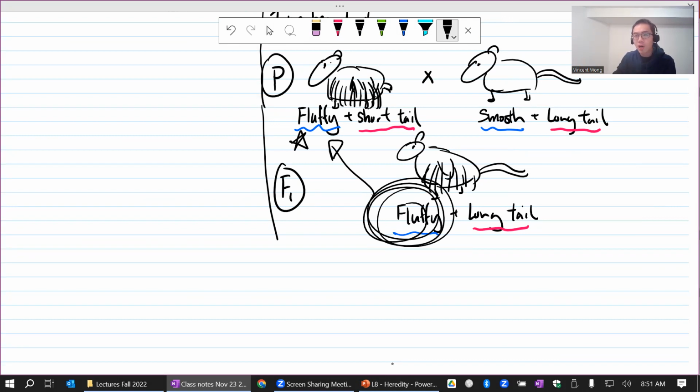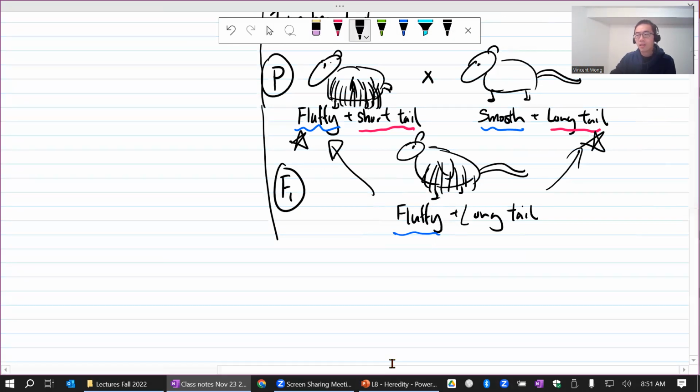Is short tail dominant or long tail dominant? Long tail is dominant because the F1 is long tail, right? So if you don't know which trait is dominant, you just breed the parents and then you look at the kids. The kids will always show the dominant trait if the parents are pure in those traits.